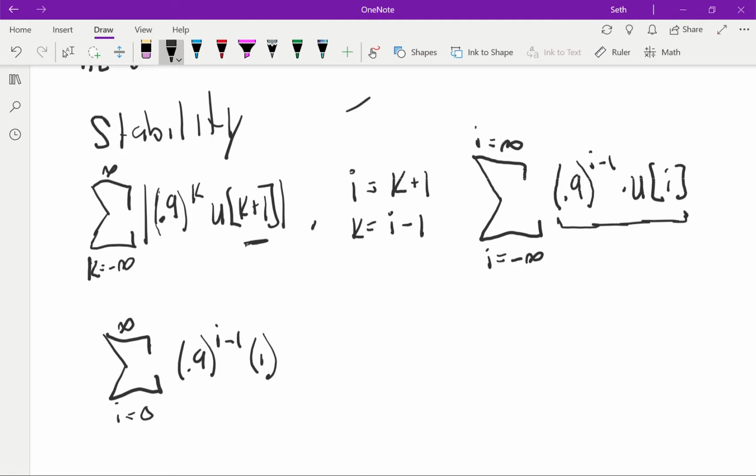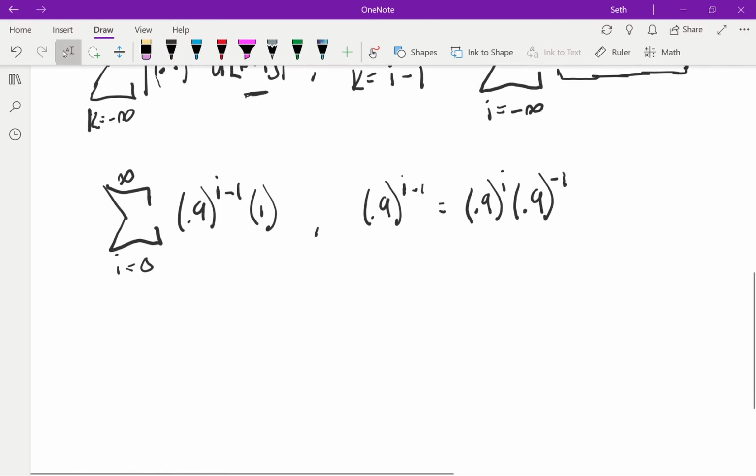So now we can say that 0.9 to the i minus 1 is equal to 0.9 to the i times 0.9 to the minus 1, and this is a property from algebra.